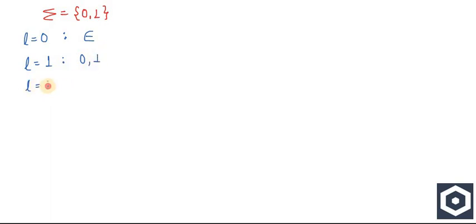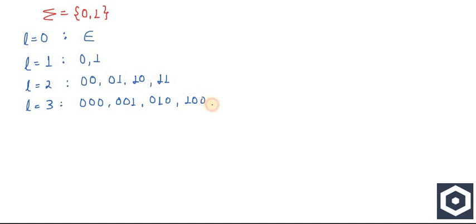If we write strings with length 2, then we will have 4 strings: 0 0, 0 1, 1 0 and 1 1. And if we write strings with length 3, then we will have 8 such strings: 000, 001, 010, 011, 100, 101, 110 and 111.